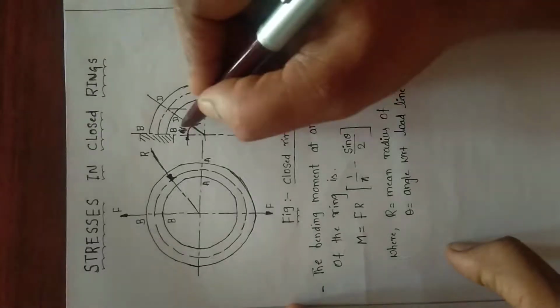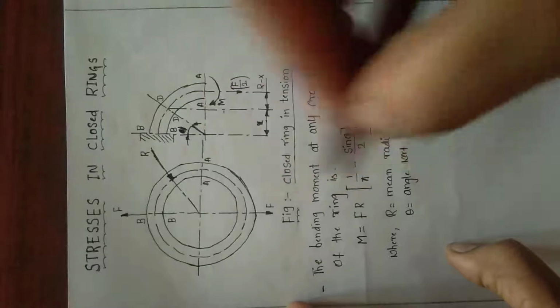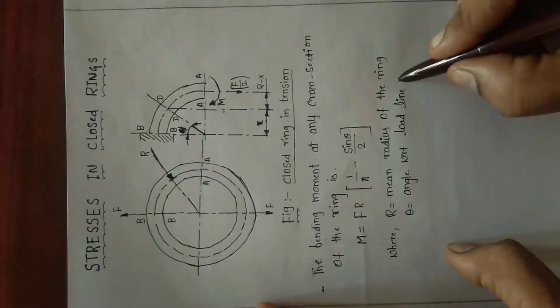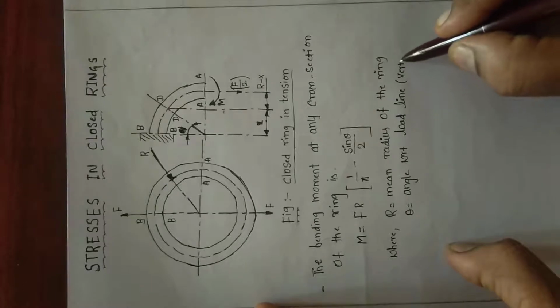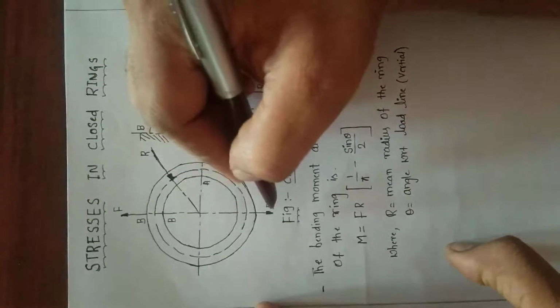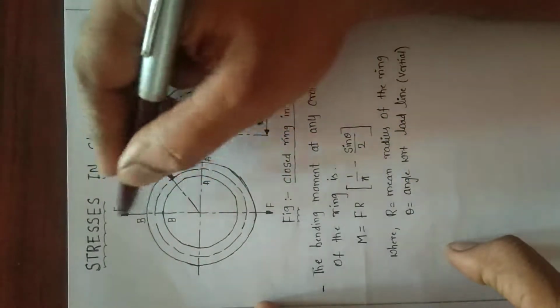Sorry, this is not theta, this is q; some deformation you have here. So theta is the angle with respect to the load line, that is, the vertical. You can see the load is applied at this junction, and from where the load is applied, I will call the angle theta.